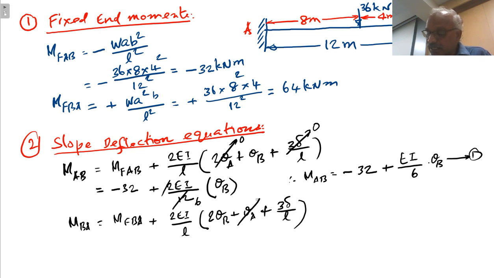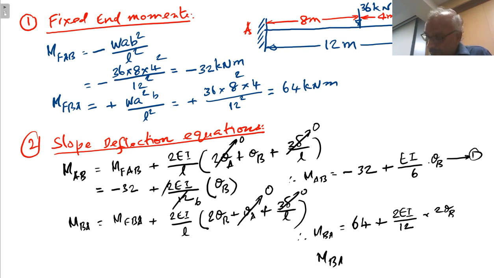So here theta A is 0, delta is 0, therefore MBA equal to M of BA, which is 64, plus, on simplification, 2EI by L with L as 12 meters into 2 theta B. Or you can say MBA equal to 64 plus EI by 6 into 2 theta B. This is your equation number 2.